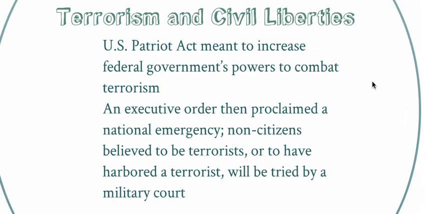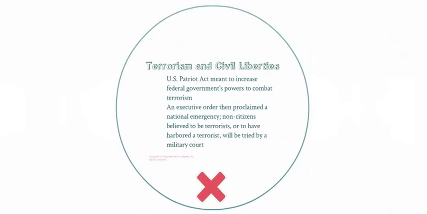Non-citizens believed to be terrorists or to have harbored a terrorist will be tried by a military court. Also under the Patriot Act, as you probably know, phone records and computer information can be seized without a warrant, and suspects can be held without charge for an unlimited amount of time. All right, there you have it.